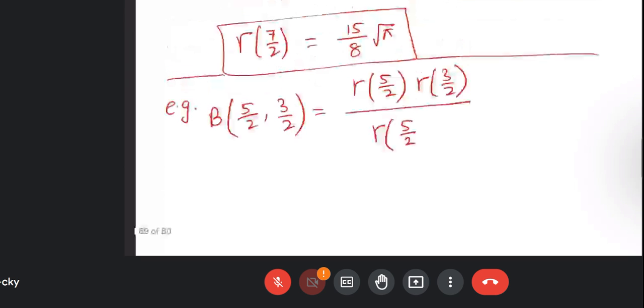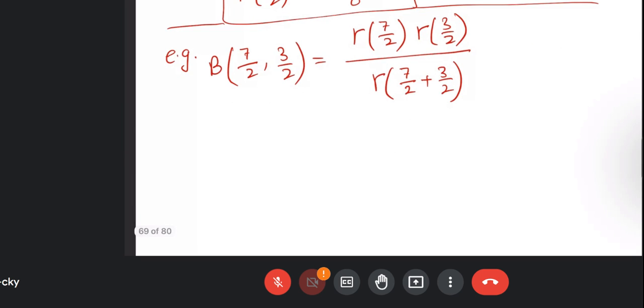We can consider the above value, so replace 5 by 2 with 7 by 2, so that we can use the above values: 7 by 2 plus 3 by 2.